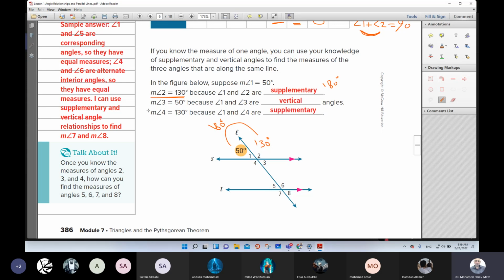What is the measure of angle 3? Angle 3 equals angle 1. So angle 1 is 50, which means angle 3 is 50. Why? Because angle 1 and 3 are vertical angles. What is the measure of angle 4? Angle 4 equals angle 2. Here 130 and here 130.